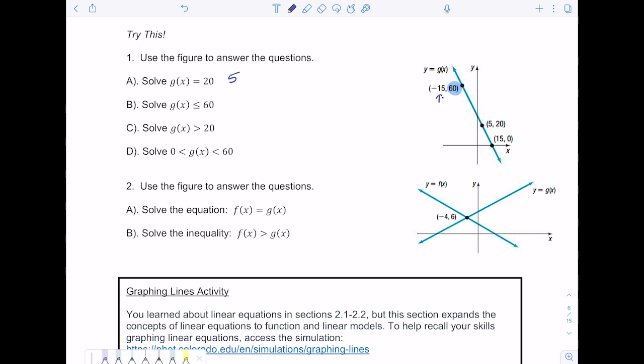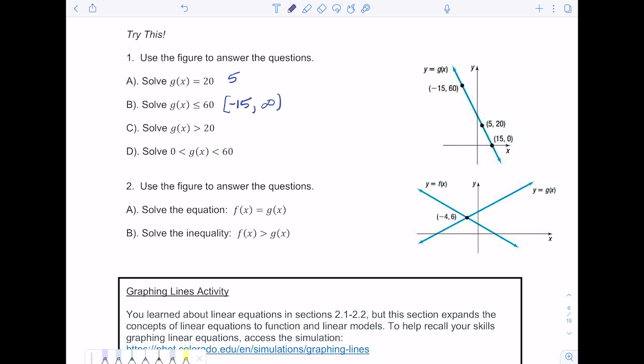So since it can be equal to, negative 15 would produce a y value of 60, but then the other y values would be anything beyond negative 15, so greater than negative 15, because that line's going to continue to go down and down and down, which would produce a y value that's less than 60. So anything from negative 15 to positive infinity.